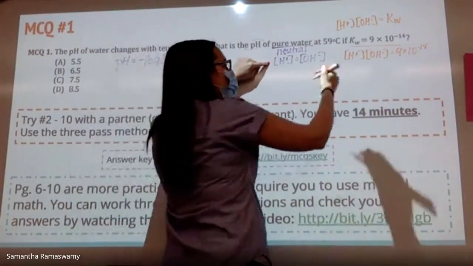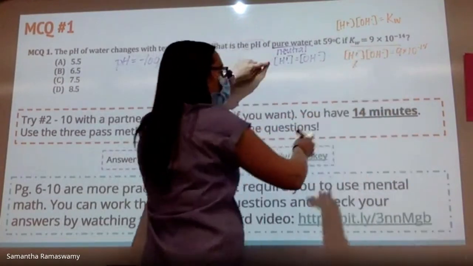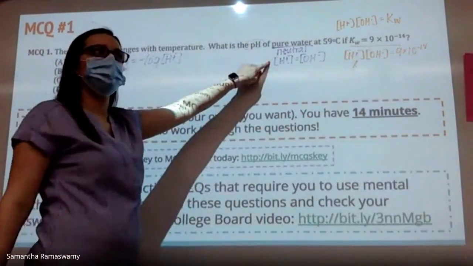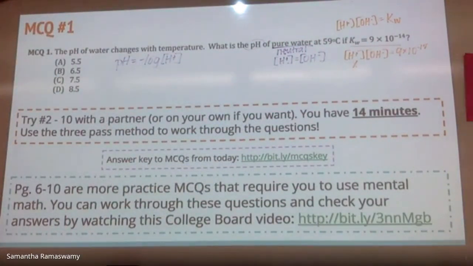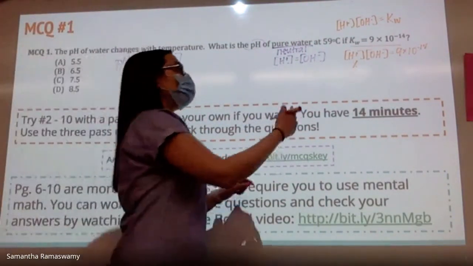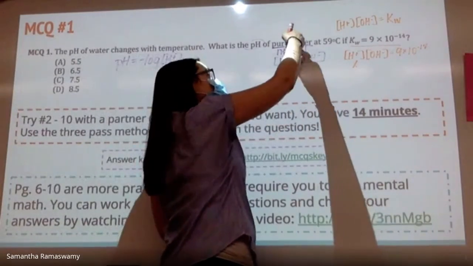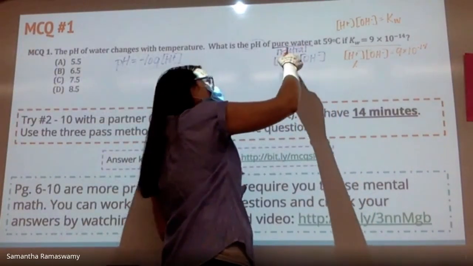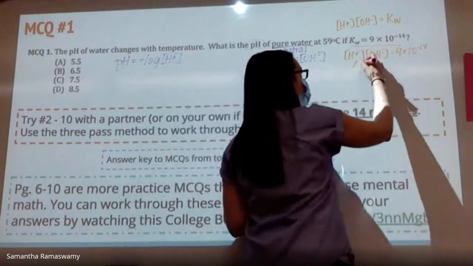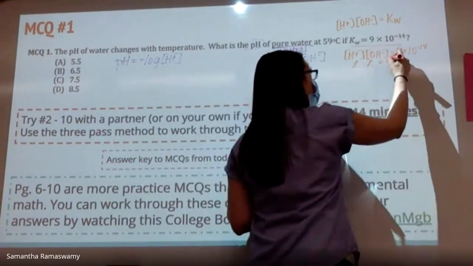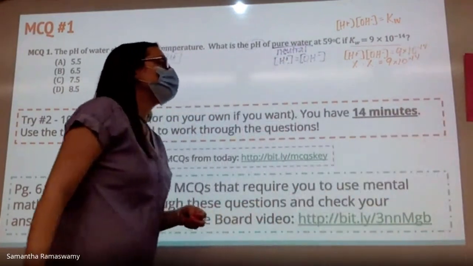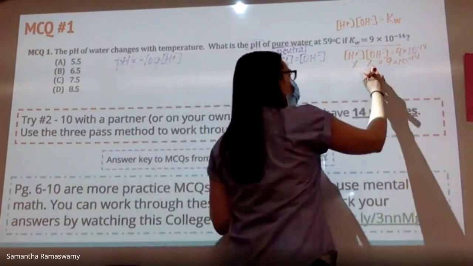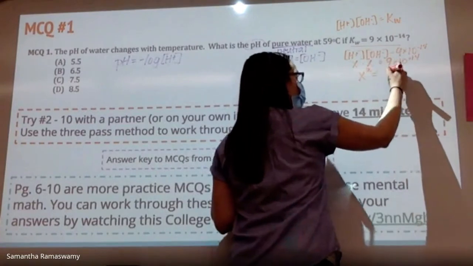If I want to solve for H plus, and I label H plus with the variable X, what is OH minus? It's also X, because in pure water, in a neutral solution, H plus equals OH minus. Well, X times X is X squared.